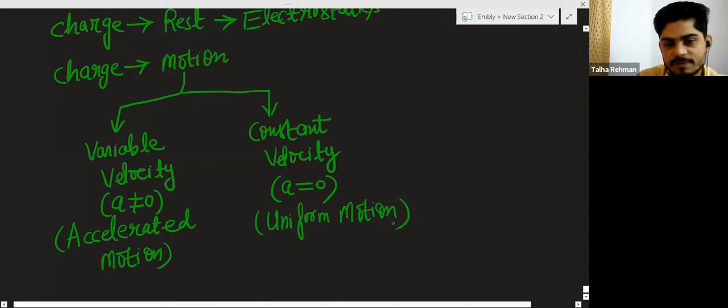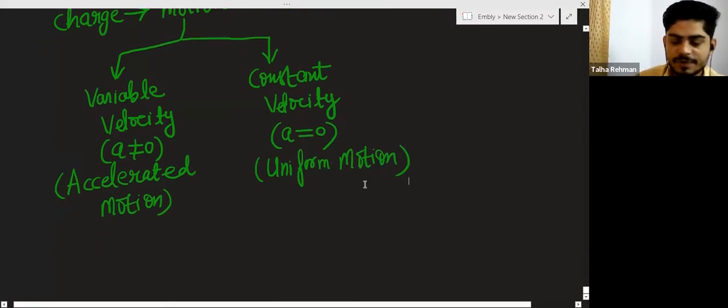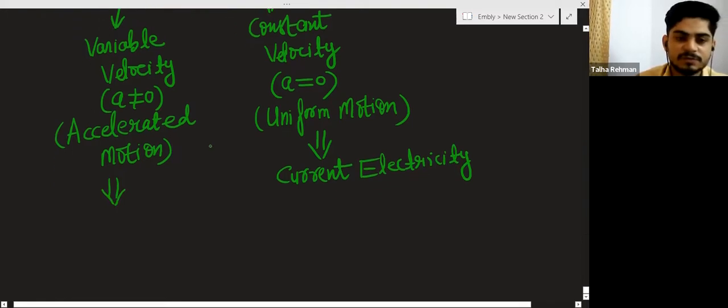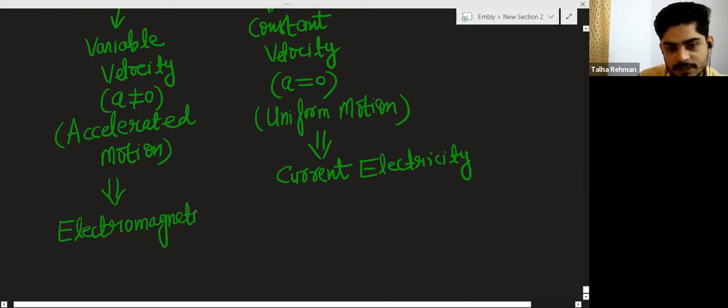This is just a basic idea about the chapter. From here we will study current electricity. When the charge moves with variable velocity, we will see this in electromagnetism.